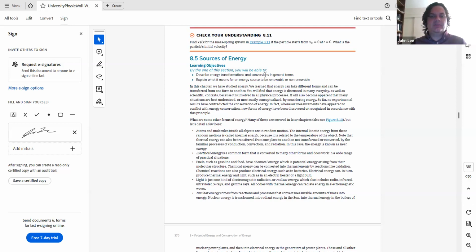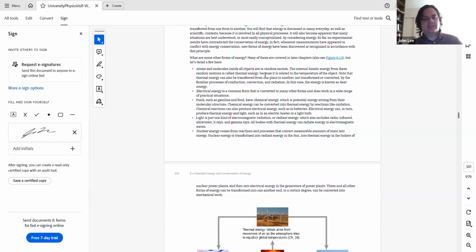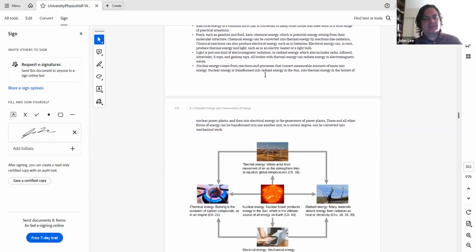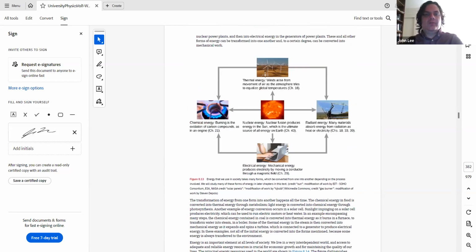And then all bodies with thermal energy can radiate energy in electromagnetic waves. And finally, we have nuclear energy coming from reactions and processes that convert measurable amounts of mass into energy. Nuclear energy is transformed into radiant energy in the sun, into thermal energy in the reactors of nuclear power plants, and then into electrical energy in the generators of power plants. So all of this basically comes from the sun, except for nuclear.